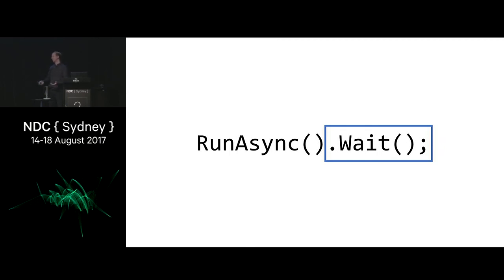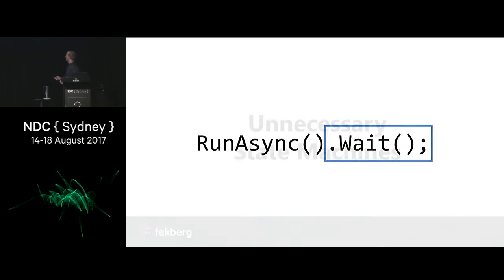It's not going to blow up at all, it's just going to stop responding because it's locking up. So always avoid doing .wait. The only time you do wait or .result is if you work with a console application where there's no UI thread. You can even deadlock ASP.NET. So yeah, just avoid this.